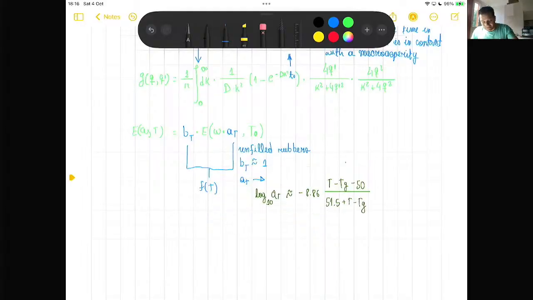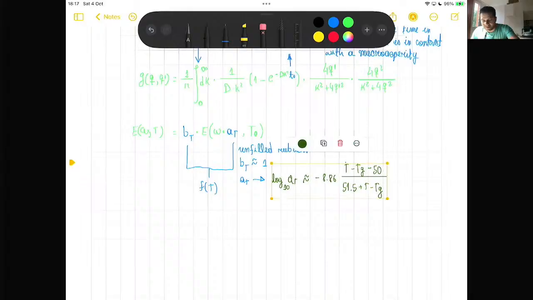Okay, A(T) is given by this equation. You can take advantage of this equation here, which is the WLF transform. But for unfilled rubbers, B(T) can be approximately 1. The point is, for the majority of cases, rubbers are filled.